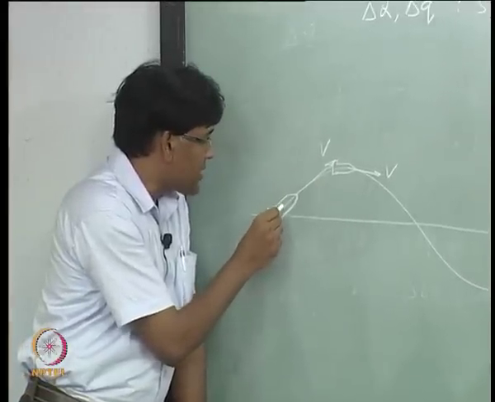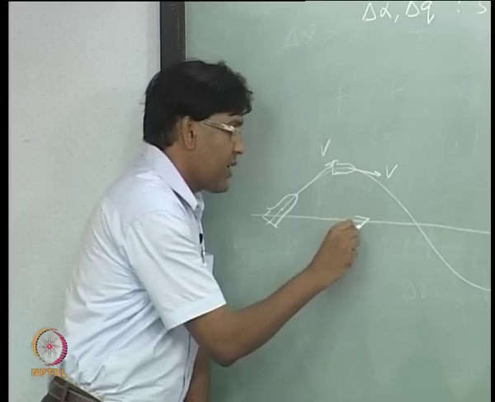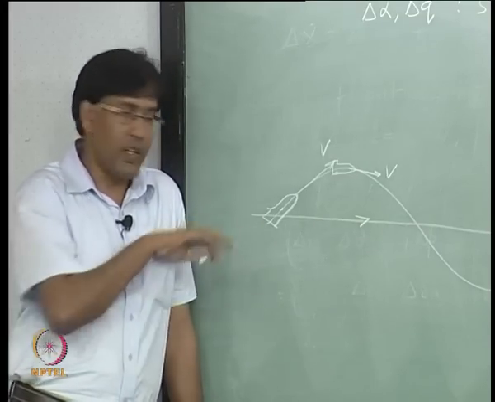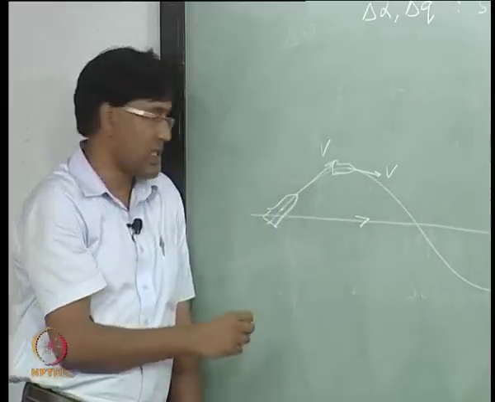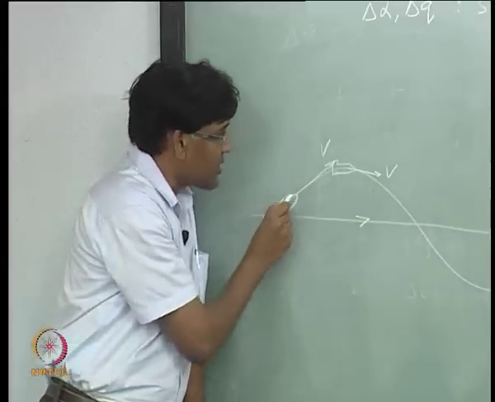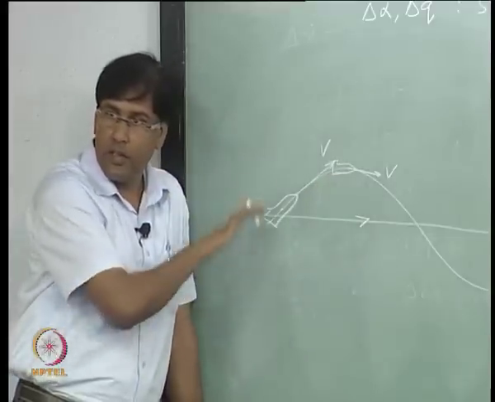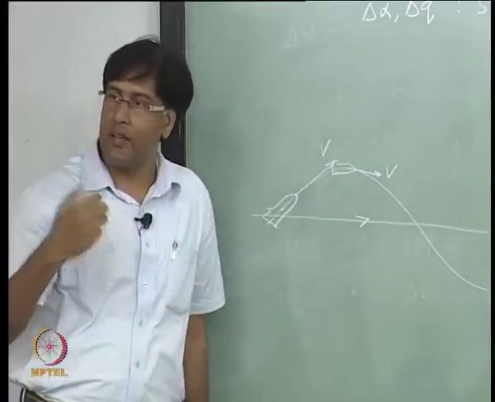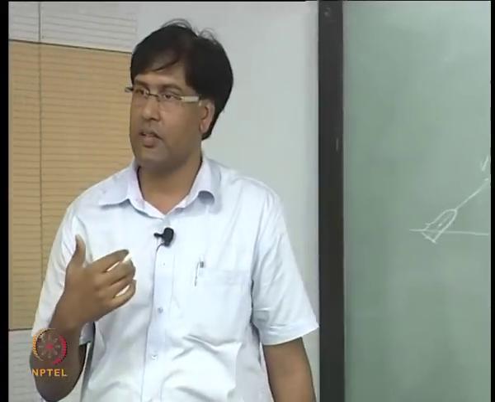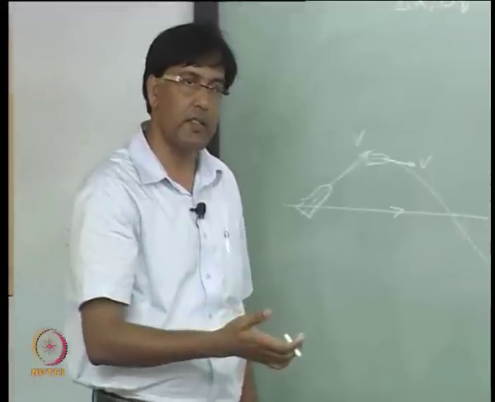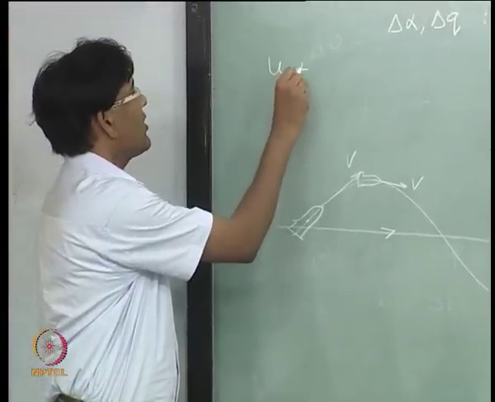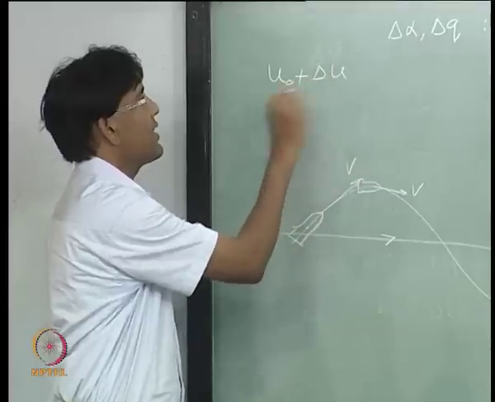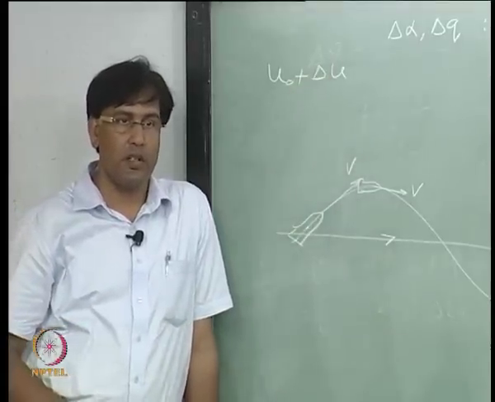But it looks like that in this particular mode. You are going straight and then you are hit by some disturbance, and the aircraft starts going up because of added kinetic energy. Because of the perturbation there is an increase in speed of the aircraft. So, u naught is now increased by delta u, right.